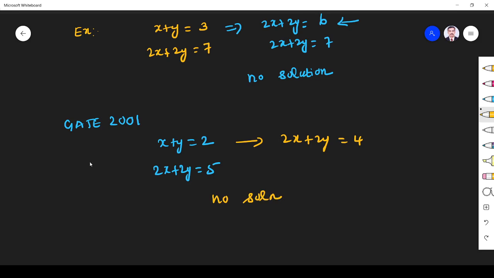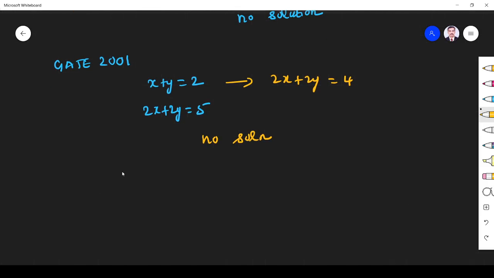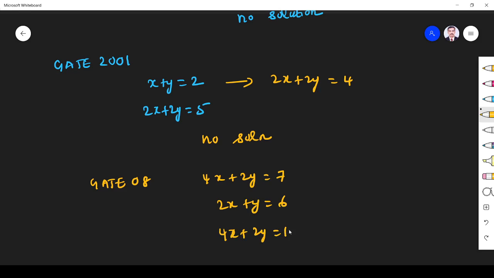Similarly, one more question was asked in GATE for the EC paper. 4x plus 2y is equal to 7, 2x plus y is equal to 6. Here, if you multiply equation number 2 by 2, it becomes 4x plus 2y is equal to 12.